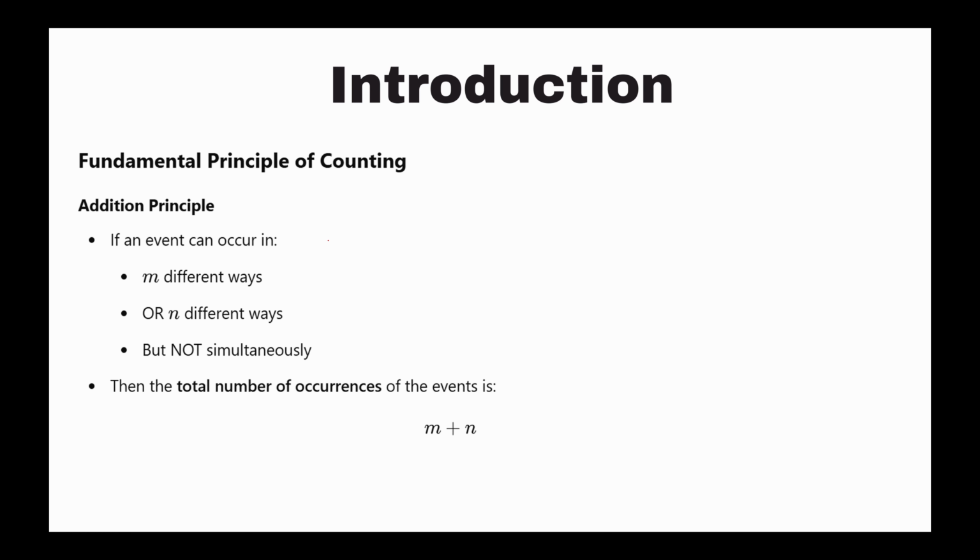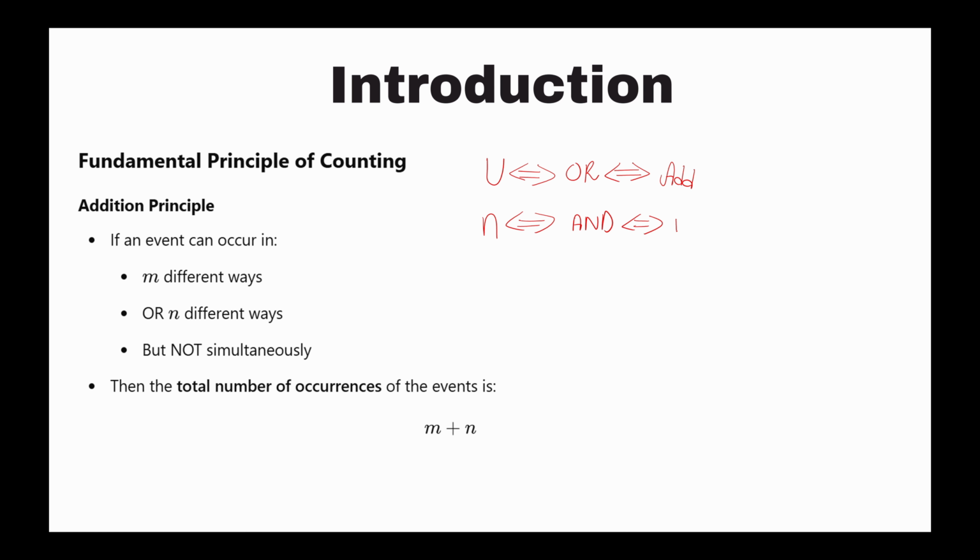So firstly, the fundamental principle of counting. I hope you all remember we had studied in sets as well. Whenever you see a union or an OR, that time we add our possibilities. And whenever we see an intersection, that means we will be seeing an AND.